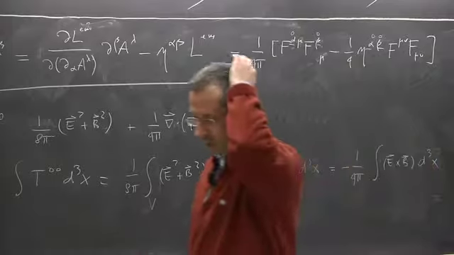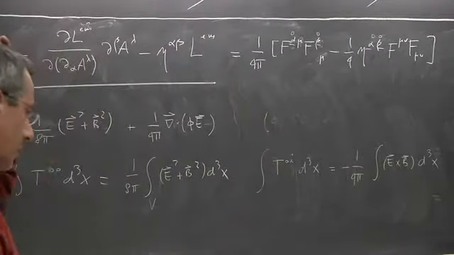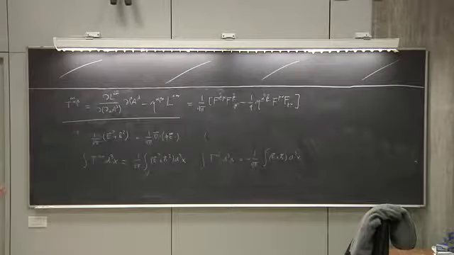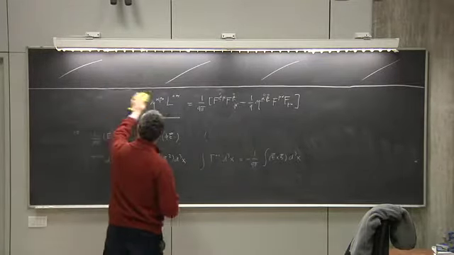Okay, so this was what I didn't have time to finish on Wednesday, and so I think you have all the definitions for discussing the electromagnetic field in space-time. Okay.